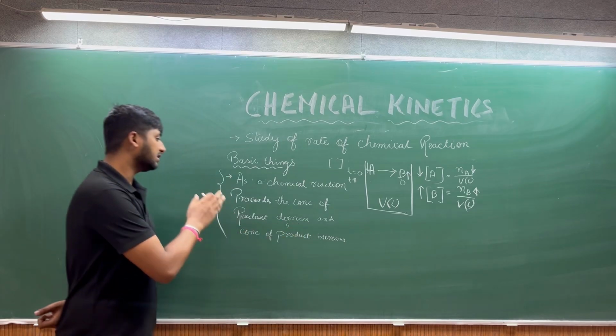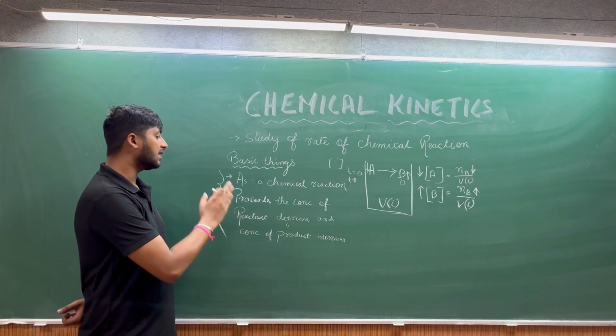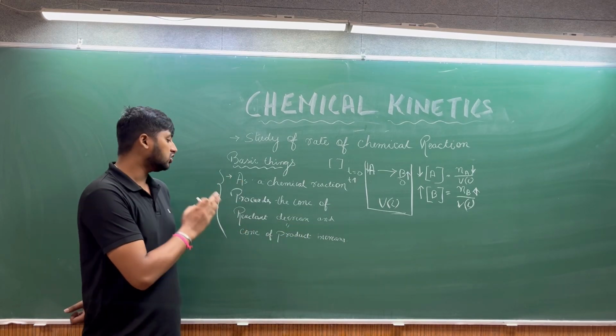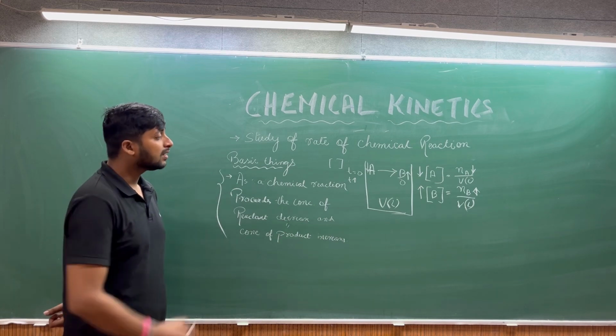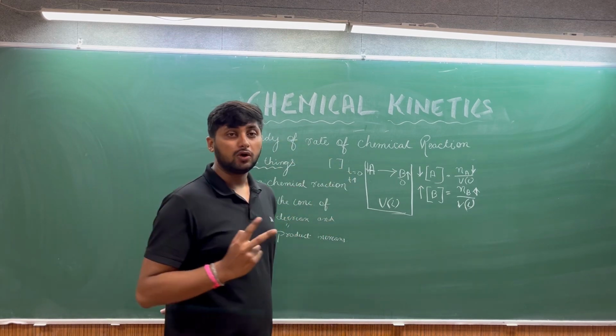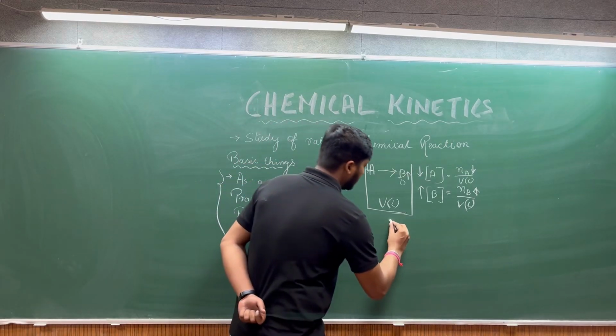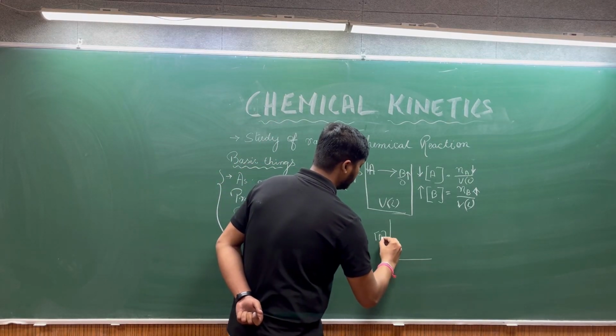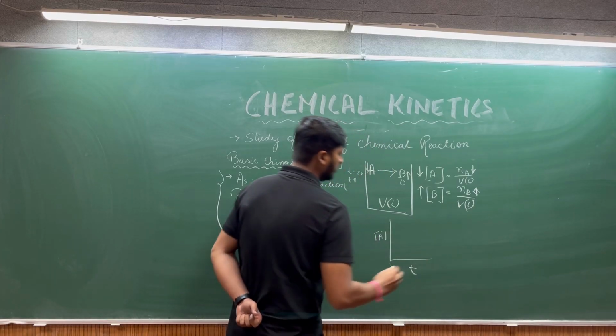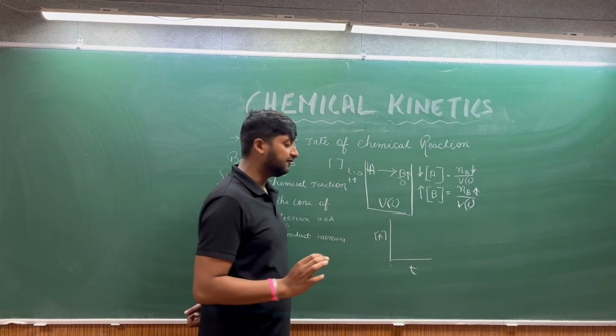And that is what is written in this statement, that as a chemical reaction proceeds, the concentration of the reactant decreases and the concentration of product increases. From this data, we can plot two graphs, concentration versus time graphs. First, concentration versus time graph for reactant.